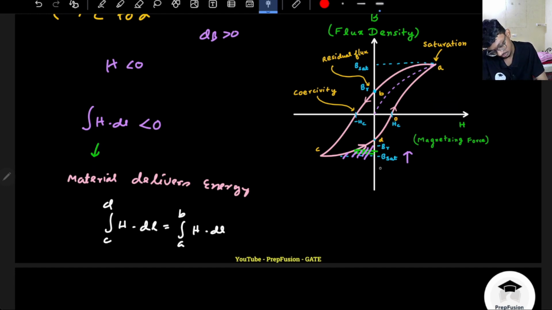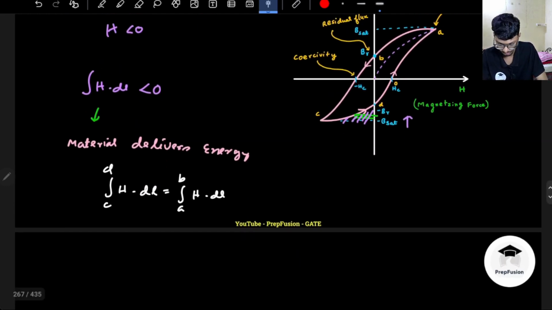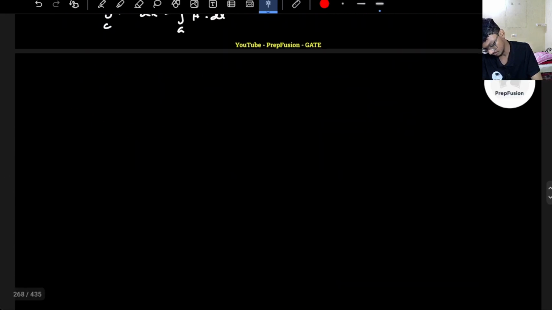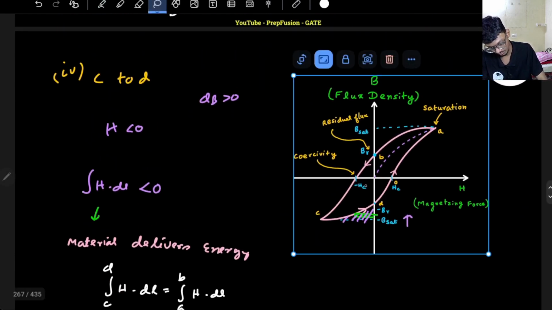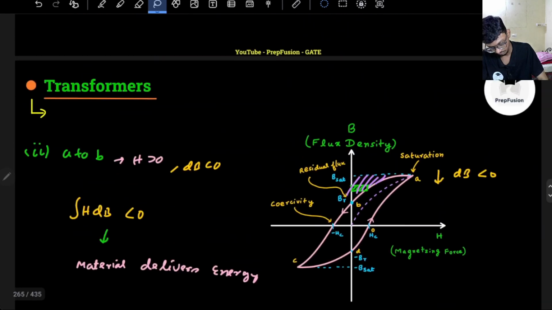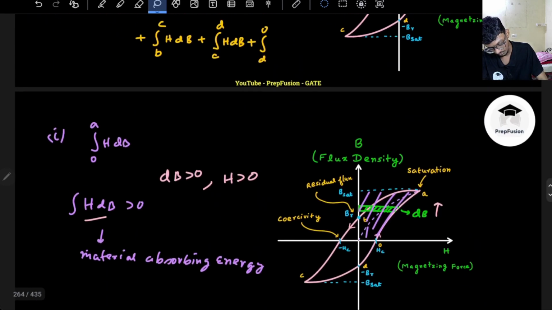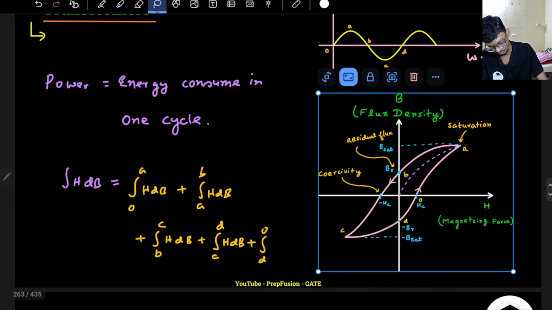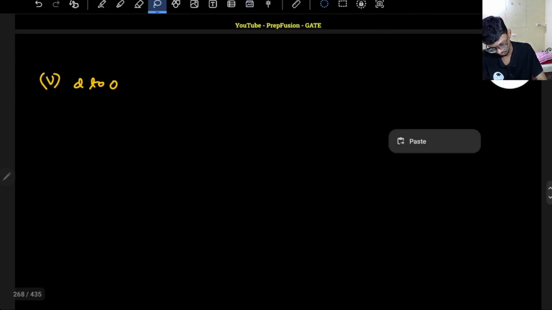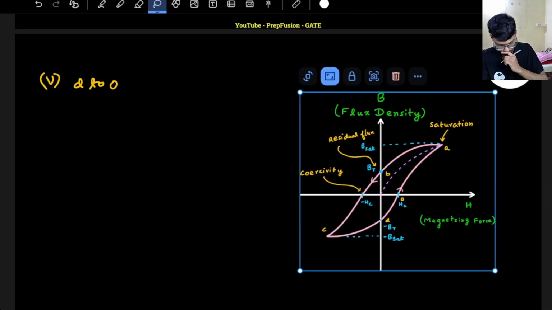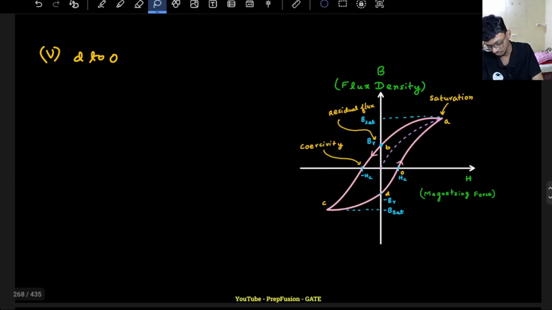If I am moving from D to O, the energy, right, the fifth point. So if I am moving from D to O, the energy will be basically this one, correct?